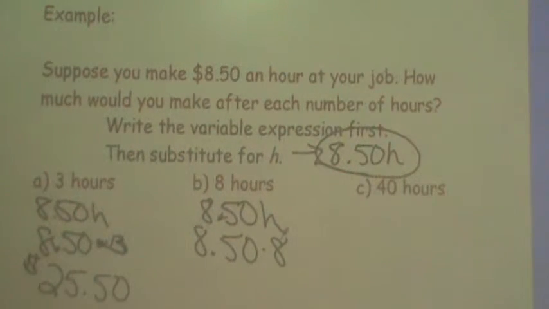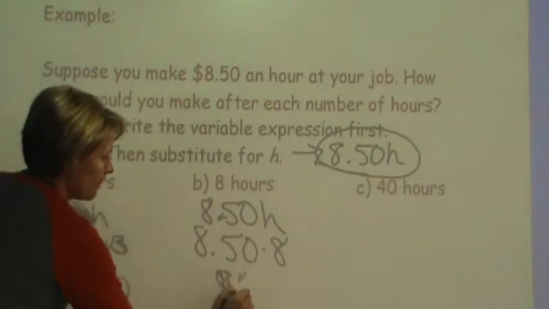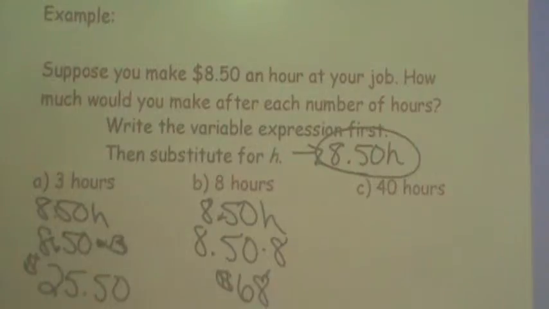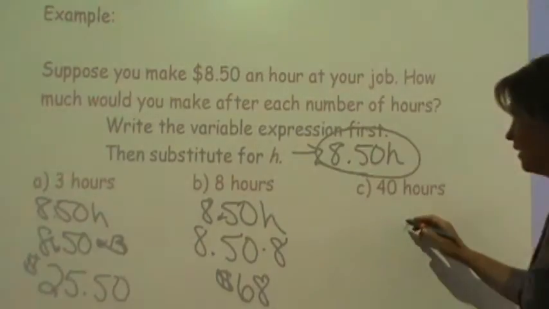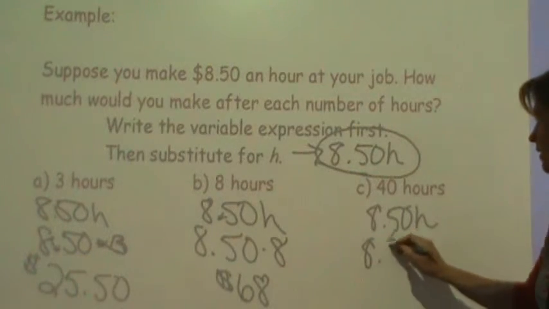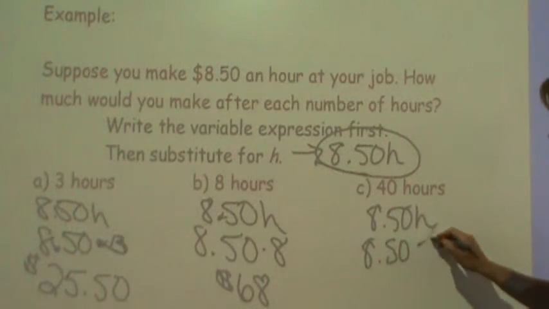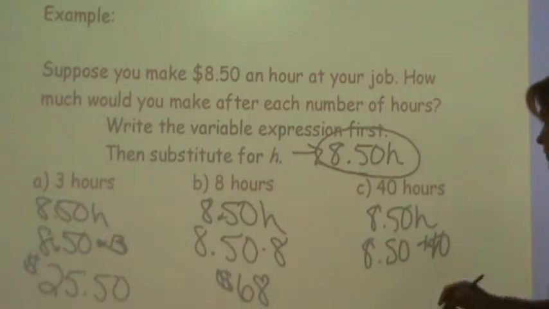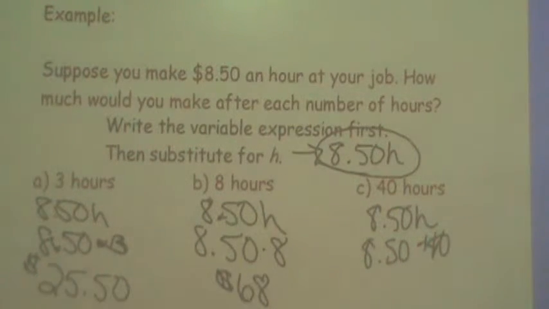So 8.50 times 8 gets us $68. And if we work a whole week, we have 8.50h again, but this time h equals 40. And that's going to get us $340.